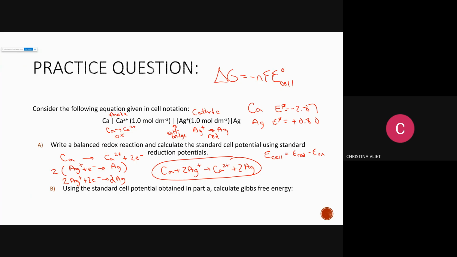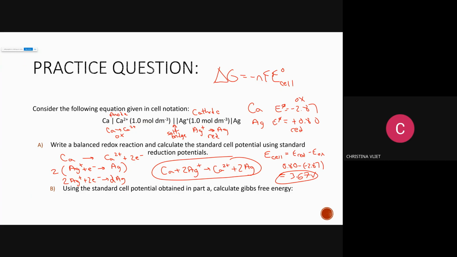But also the more positive number is the one that's reduced. This one is oxidized, so it's going to be 0.80 minus negative 2.87. When you put those two numbers together, I get 3.67 volts.